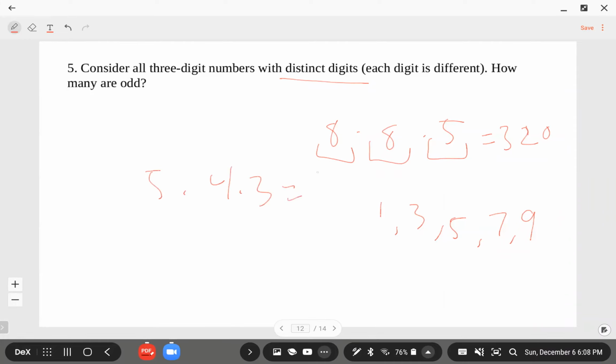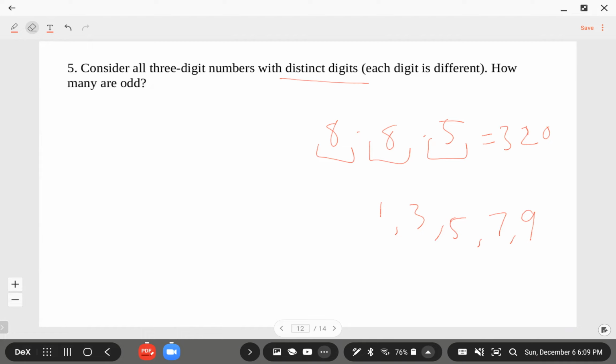So you are actually correct, Steven. But in this specific problem, we want 3-digit numbers that are odd, because if you want a number to be odd, the last digit has to be odd.